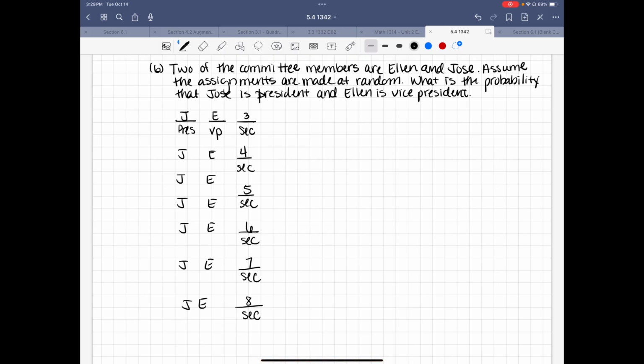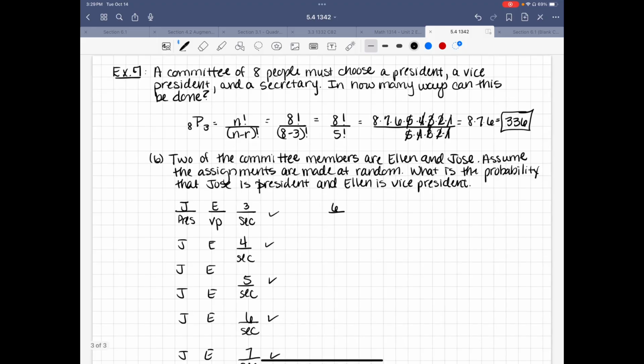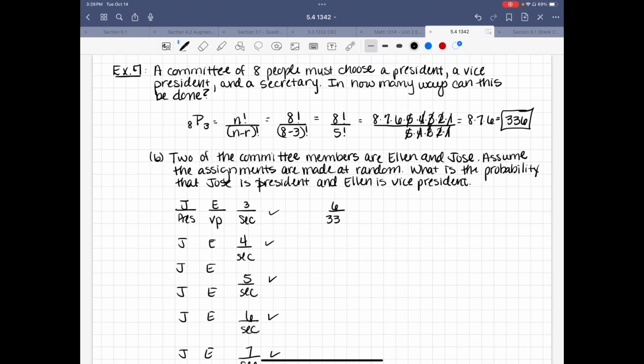Okay, so how many different possibilities are there? Well, that's 1, 2, 3, 4, 5, 6. 6 out of a total of how many? Well, we found in A that there were 336 total permutations. 6 of those 336 actually have Jose as president and Ellen as vice president.